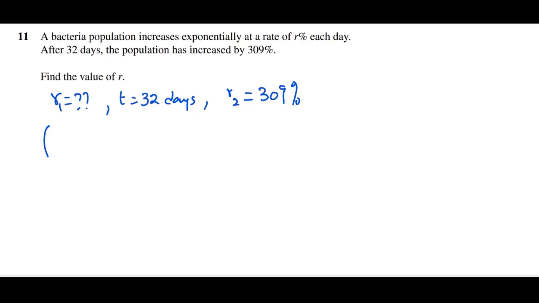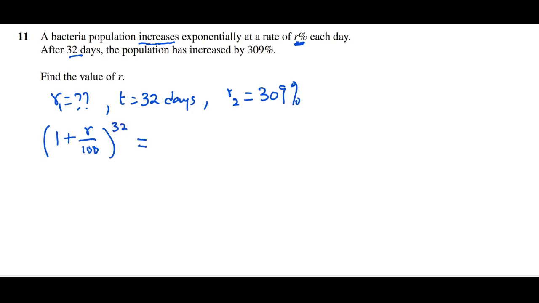Since this is an exponential increase, we are going to use addition here, increasing at the rate of R over a period of 32 days. So this will model that.